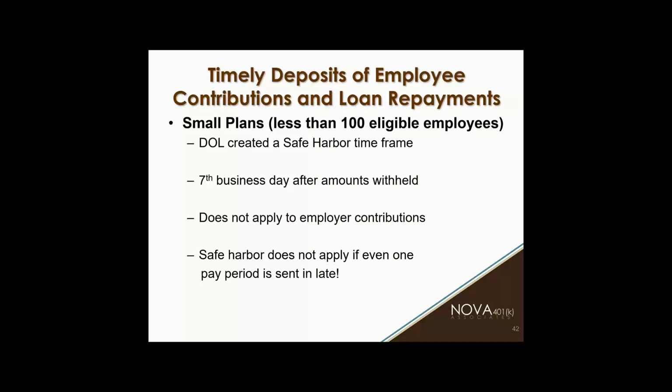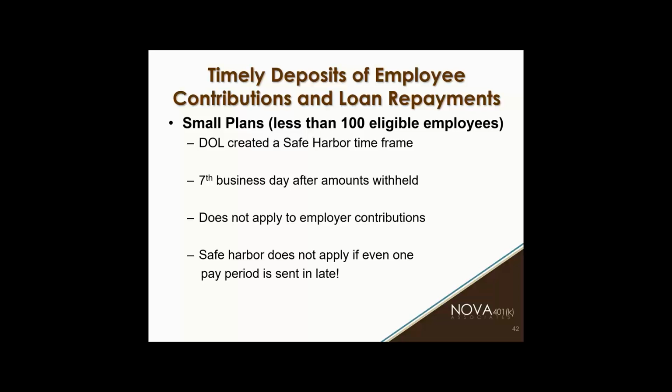For those types of plans, you have 7 business days after the amounts are withheld to make the deposit. All right. It doesn't apply to the employer money. It's just the employee money, right? So if you're making a match, you've got a little bit more time. Generally, if you're doing a payroll by payroll match, you might as well send the match in when you send in the employee money, but just make sure it's within 7 business days.